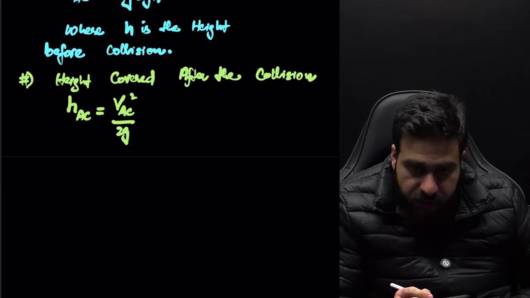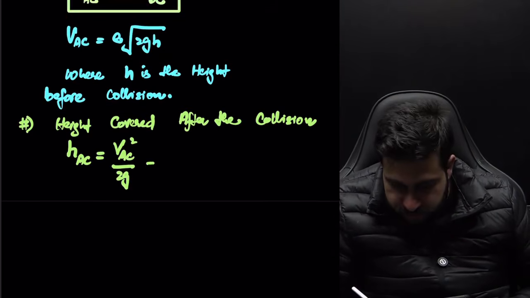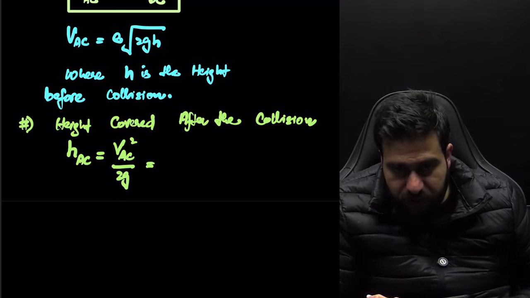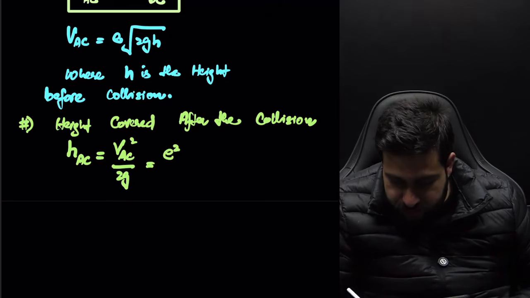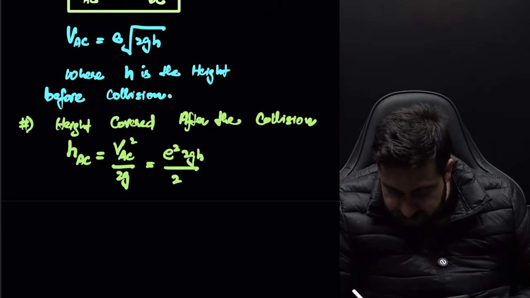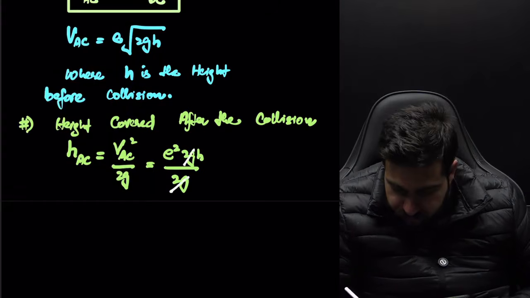What is the velocity after the collision? This. It is E times the velocity before, and its square will be E square into 2gh, divided by 2g. So what can you cancel here? 2g and 2g.